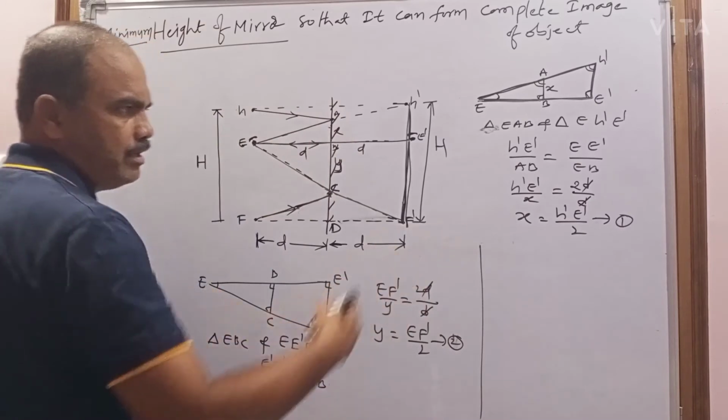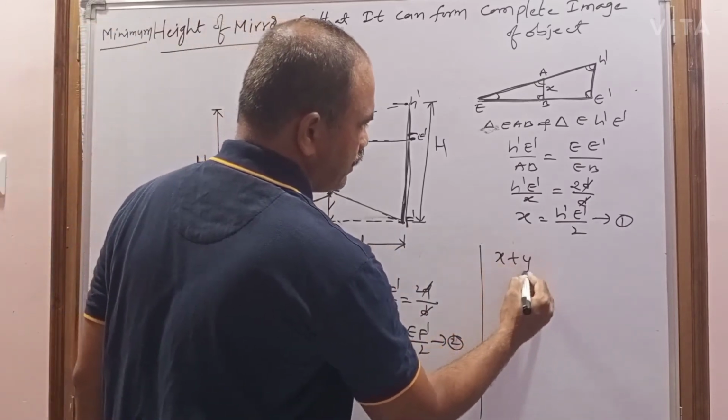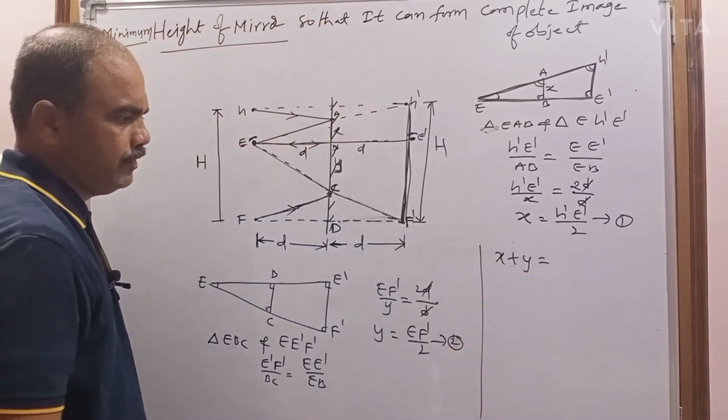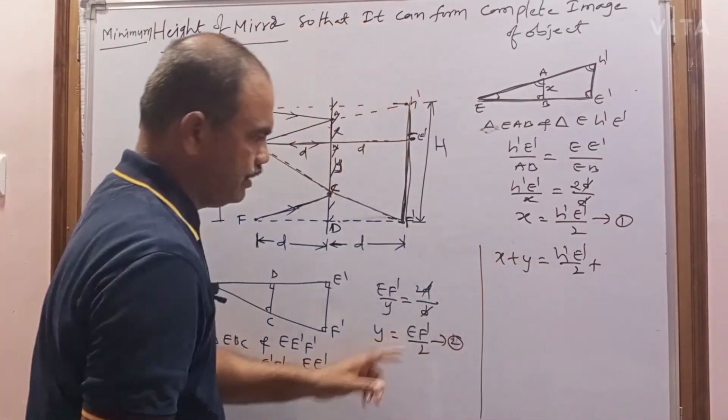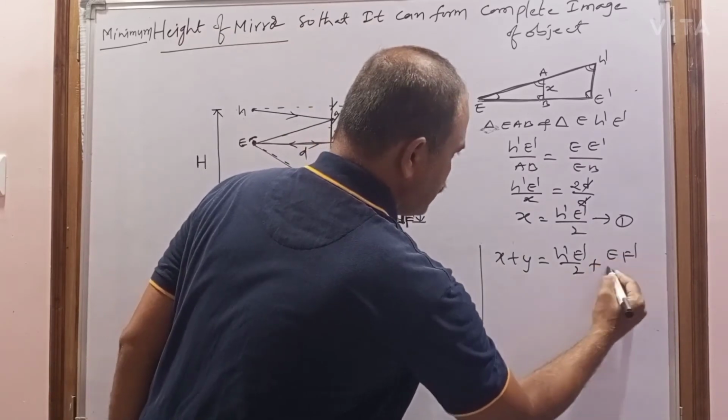Let us consider this equation 2. When I add equation 1 and 2, x plus y is equal to, what do you get? H dash E dash by 2 plus E F dash by 2.